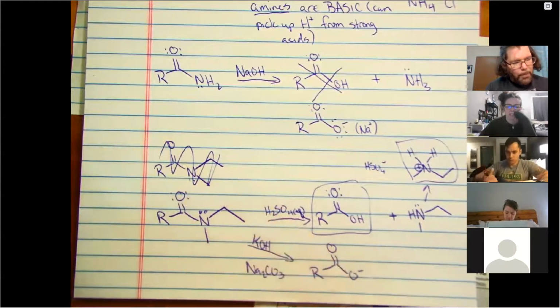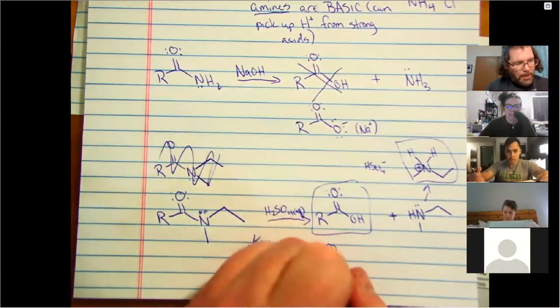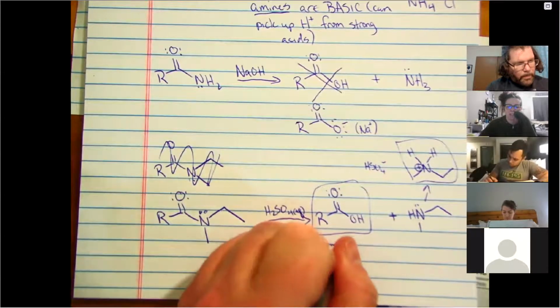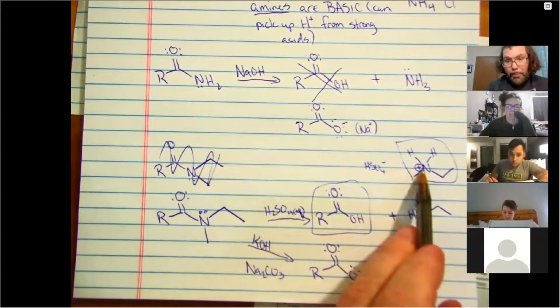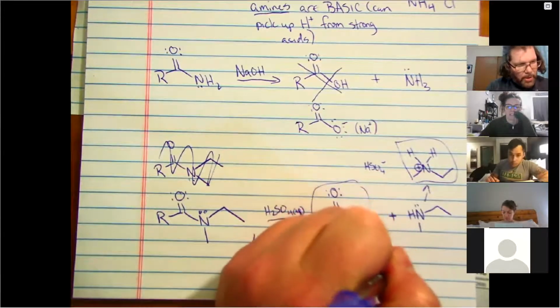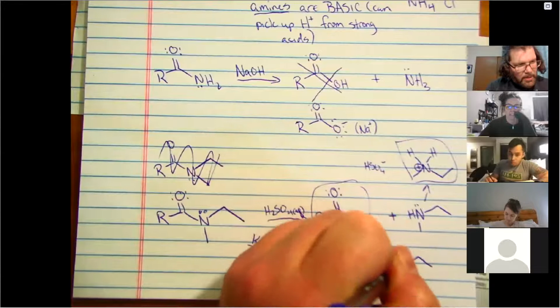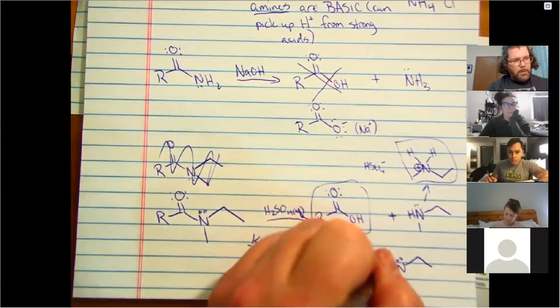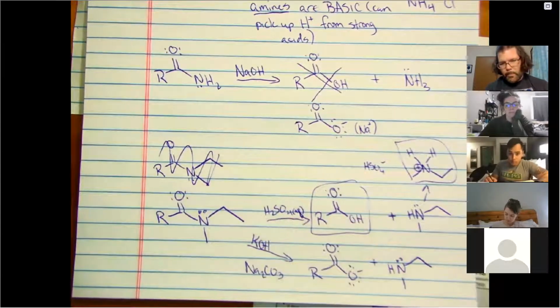So in basic conditions, we get the same 2 products back, but in basic conditions, carboxylic acids don't have their proton anymore. They are deprotonated. And amines are not protonated, they are neutral in basic conditions. So that's why it's really important for us to understand that carboxylic acids are acidic functional groups.